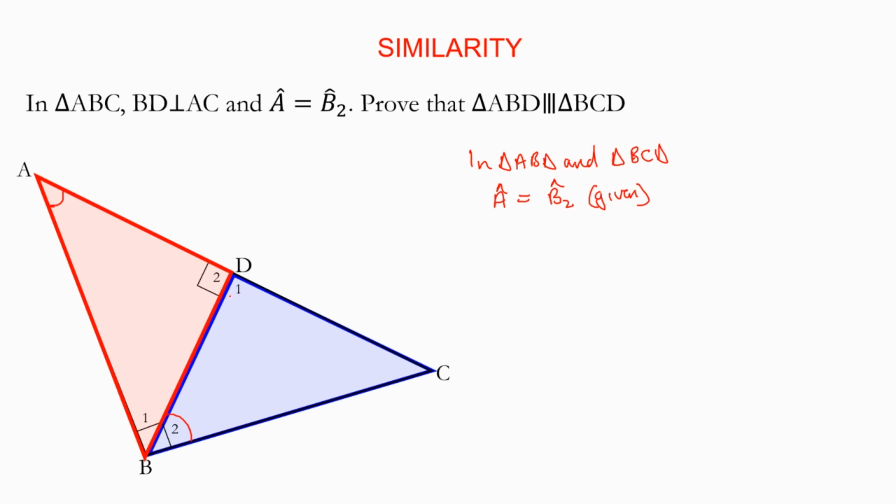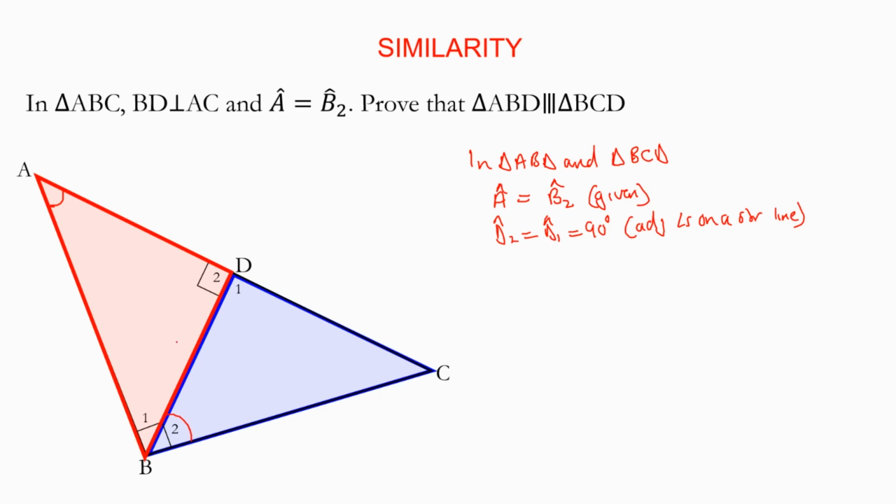They are equal, isn't it? Right, because angle D2 is equal to angle D1, and both of them are equal to 90 degrees. So we can say adjacent angles on a straight line.